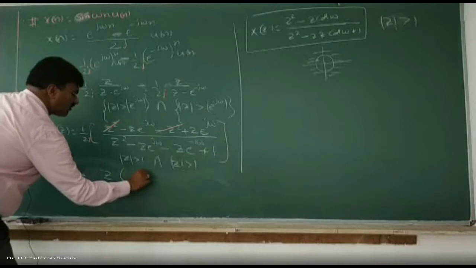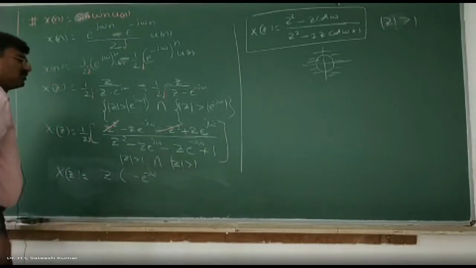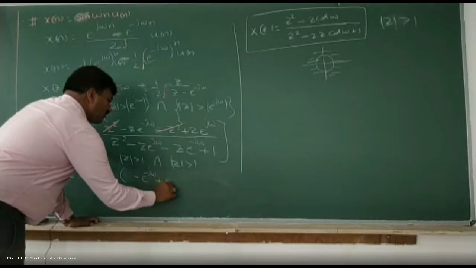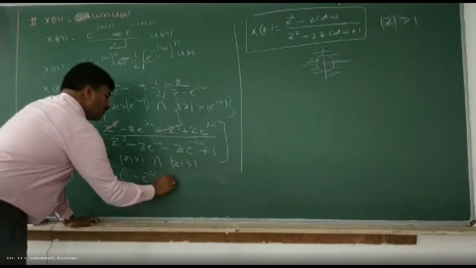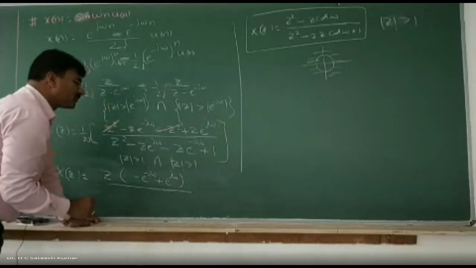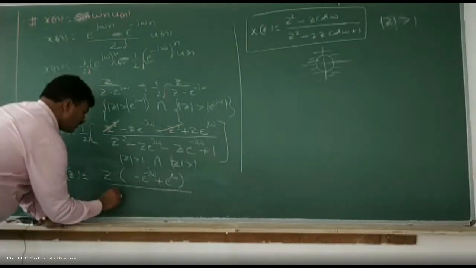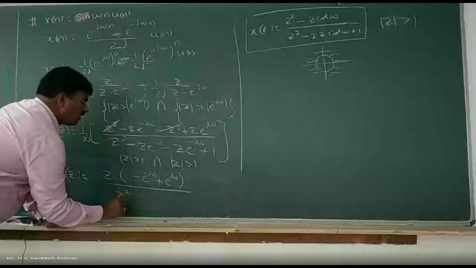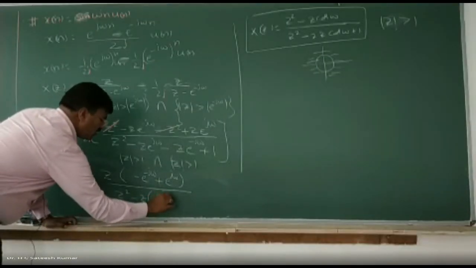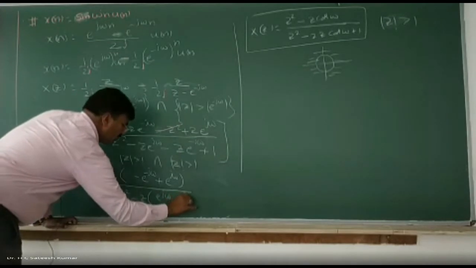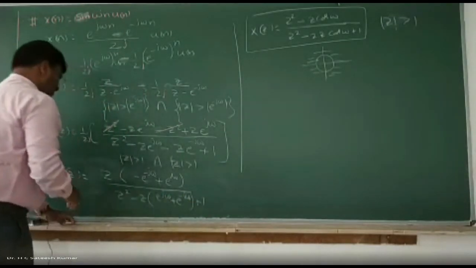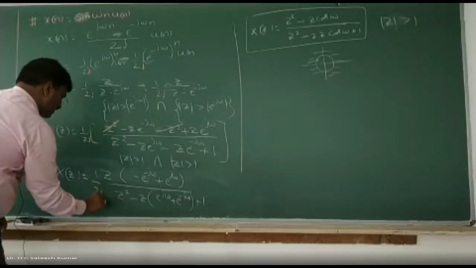Minus e to the power of minus j omega plus e to the power of j omega, whole divided by z square minus z you take common, e to the power of j omega plus e to the power of minus j omega, plus 1. And now this 1 by 2j is there here.